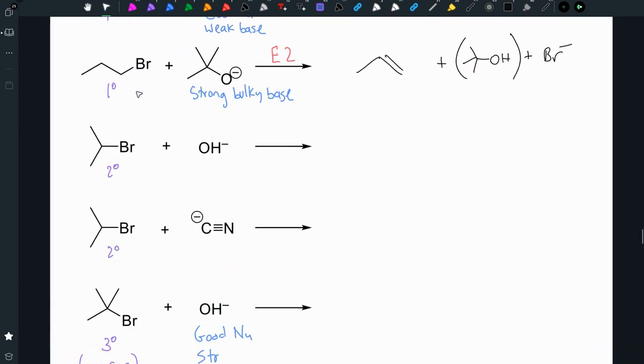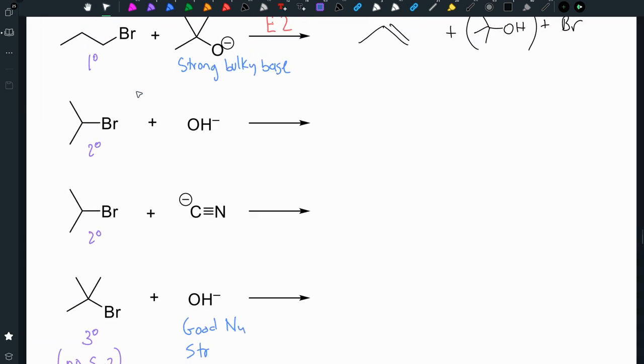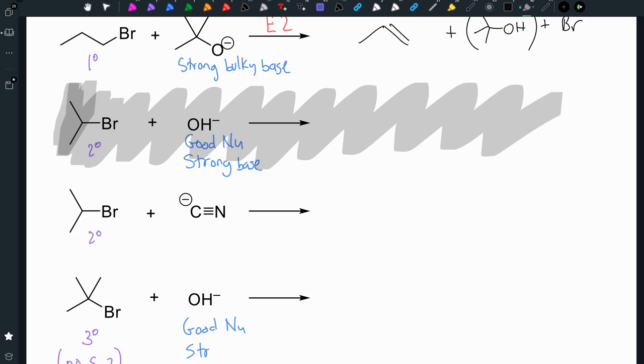Okay, so with my secondary case, these sometimes get into really gray areas. In the case with OH minus, we said this is both a good nucleophile and a strong base, so both SN2 and E2 are possibilities. And it's secondary, which I said is kind of okay for both of these. I'm marking this with a gray highlighter to say this is a very gray area.